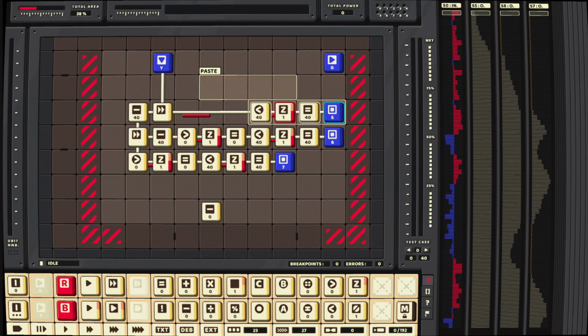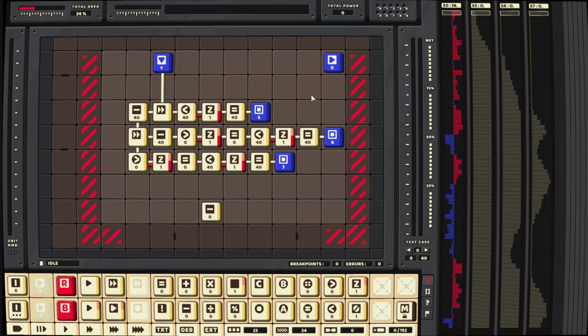I'm suddenly having deja vu as though I've done this before when I clearly have not. Then we subtract 40. And one of those we let go to here. I think this is actually backwards, right?